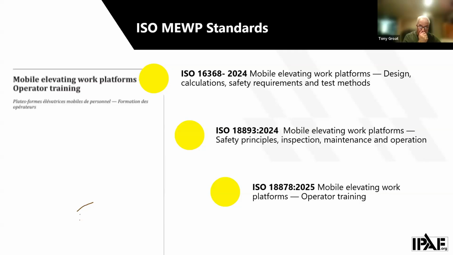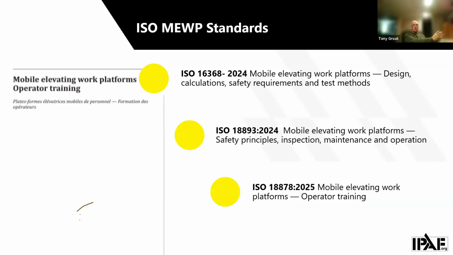And within that, we end up having what we refer to as the suite of standards. So in the ISO case, we have 16368, which is what we refer to as the design standard. So the people who are designing and manufacturing MEWPs will refer to that particular standard. The next one is 18893, which is the safe use standard.